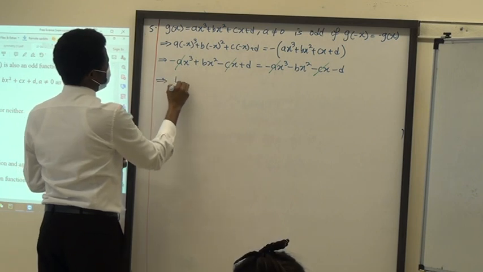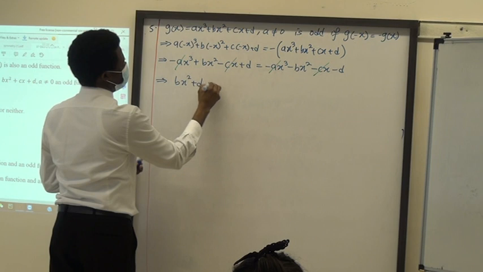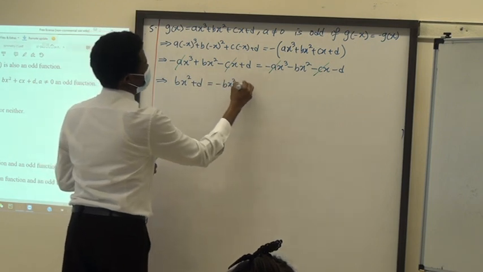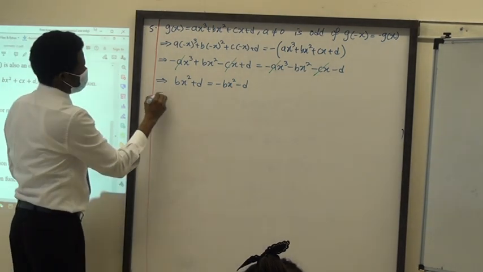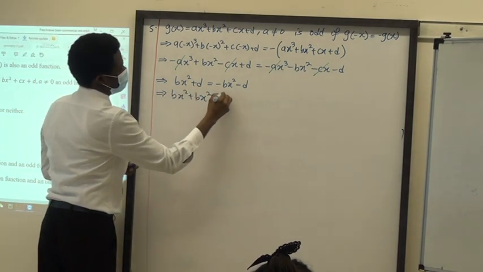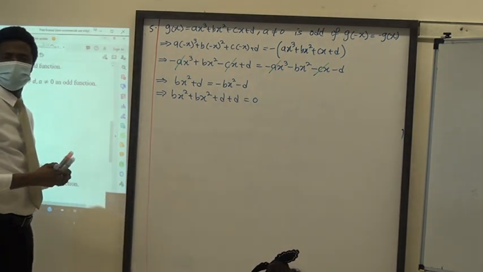bx squared plus d has to be the same as negative bx squared negative d. So this is where our condition comes out. We bring them together: bx squared plus bx squared plus d plus d equals 0.